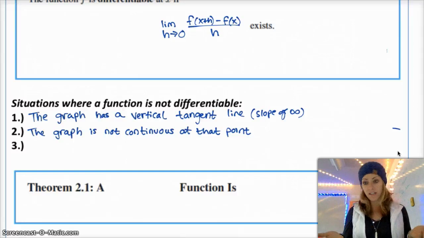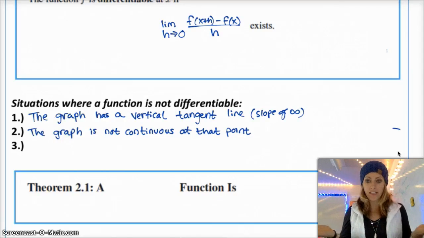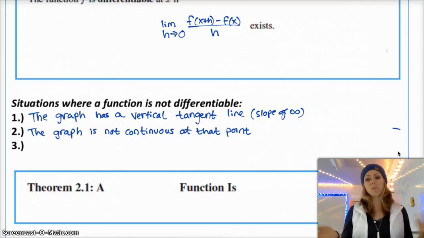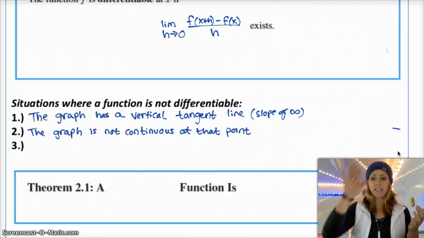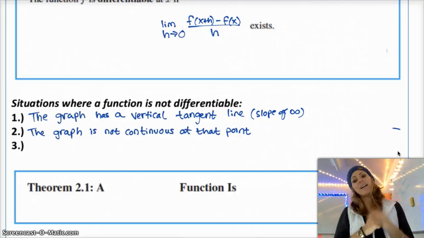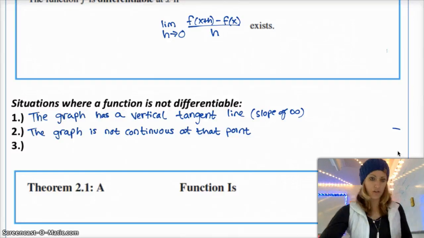If you have any sort of discontinuity, the function can't be differentiable, because if the function doesn't exist there, you can't find the slope of the tangent line. And the last indication is sharp corners. In order for something to be differentiable, it has to be continuous and smooth, nice and flowy. I'll show you why, but sharp corners on graphs are not differentiable.